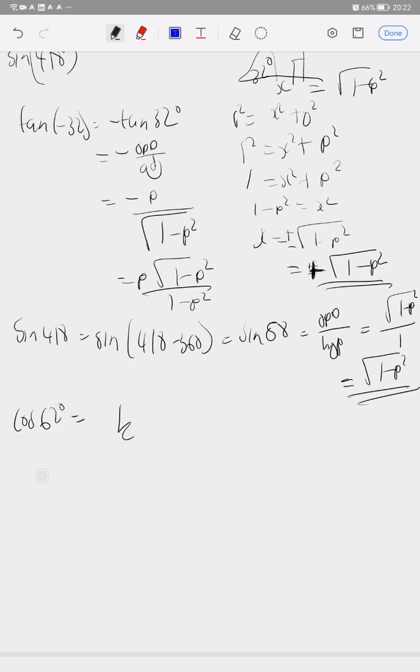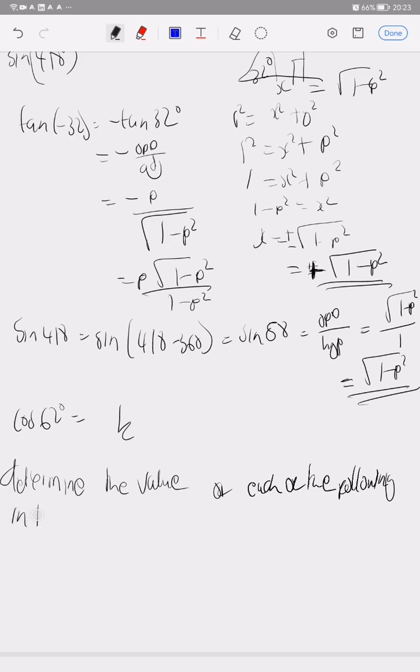Then they say determine the value of each of the following in terms of k. All right, so what do I do from here?